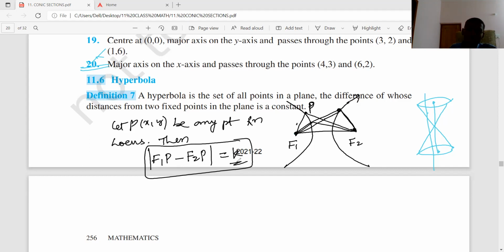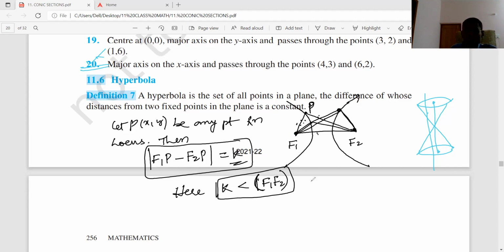Now the important point here: whenever you say difference of two distances, it must be less than the third distance. That means k must be less than F1F2, the distance between these two. Yes or no? Yes, sir. Then you will get the hyperbola. This is the condition for hyperbola.